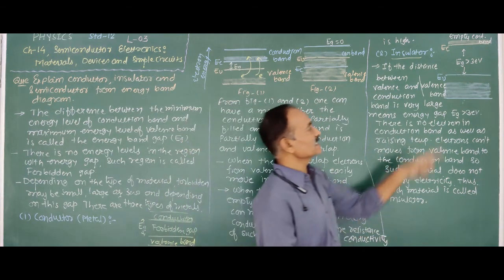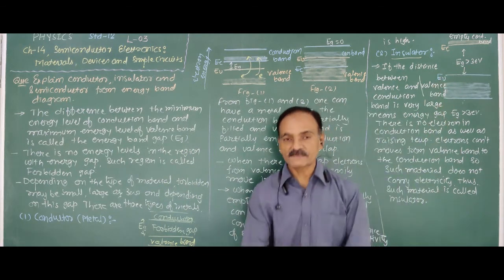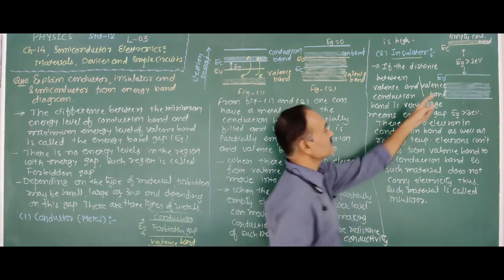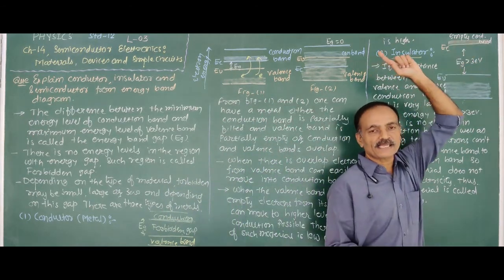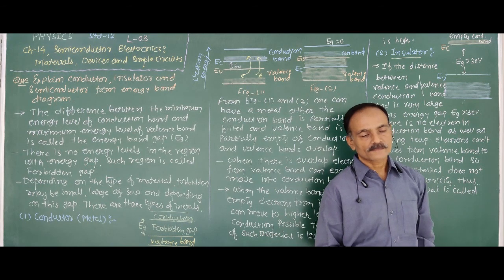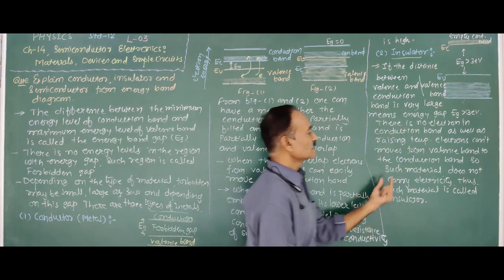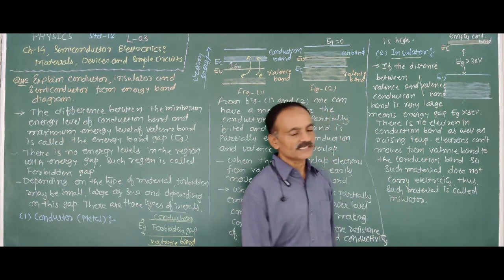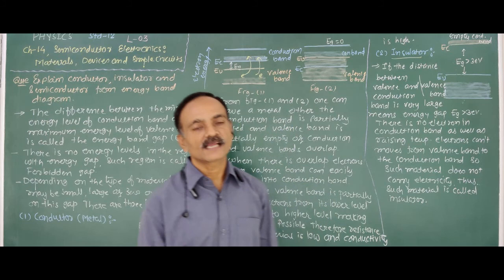Here the band gap energy is very large, 3 electron volts. As we increase the temperature of the material, no electron from the valence band can cross this forbidden gap and enter the conduction band. So such material does not carry electricity, and thus such material is called an insulator.